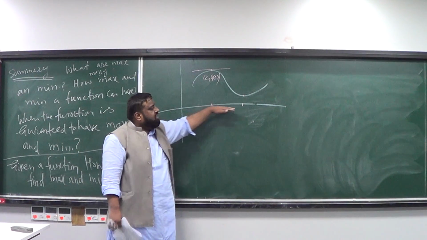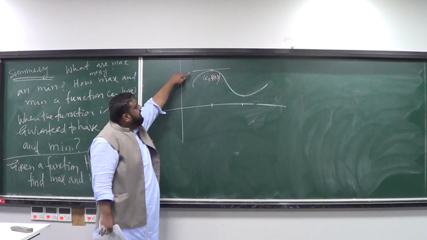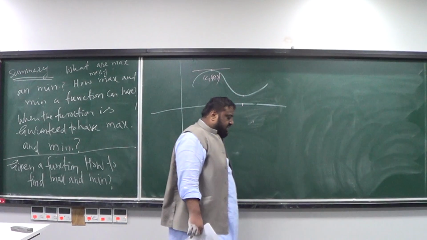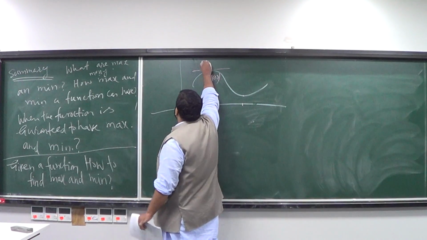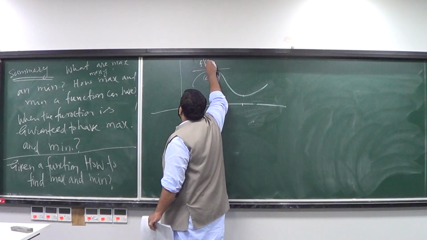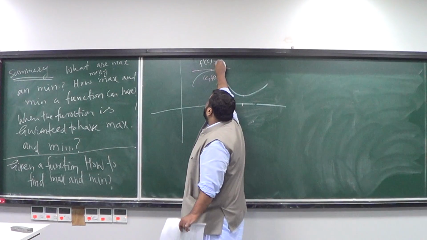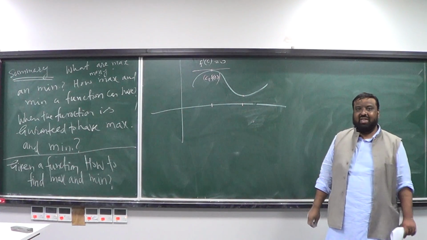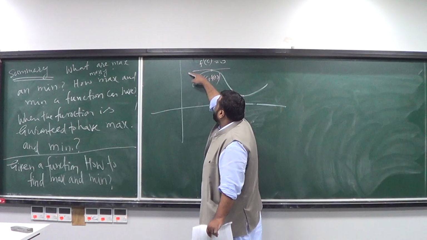This line is parallel to the x-axis. If you try to find the slope of this line, what would it be? You're going to say the slope of this line is obviously f prime of c, but this slope is 0. So the maximum point is a point where the slope is 0.